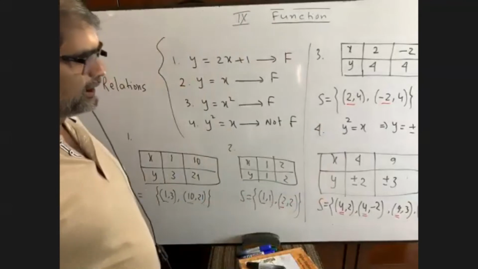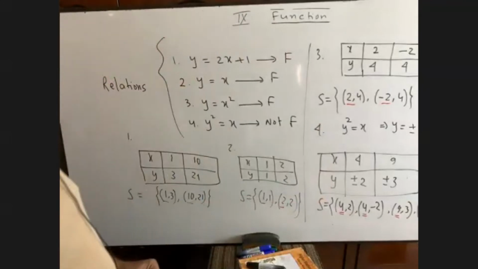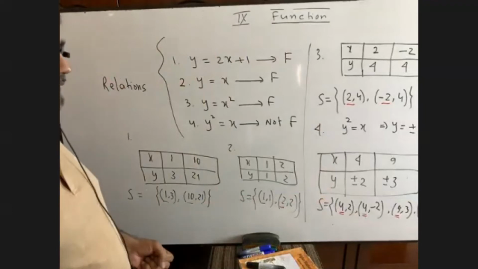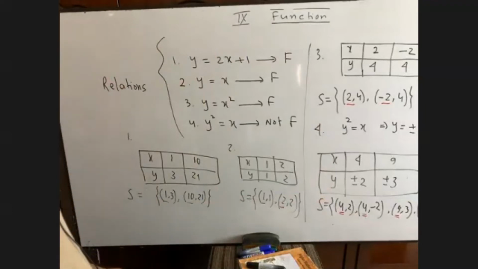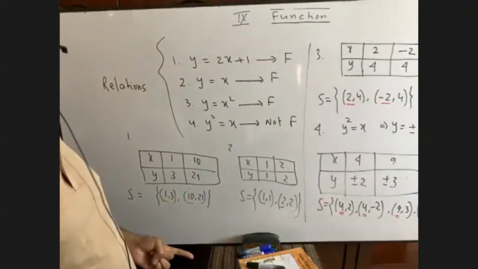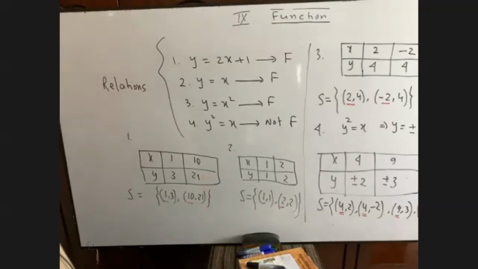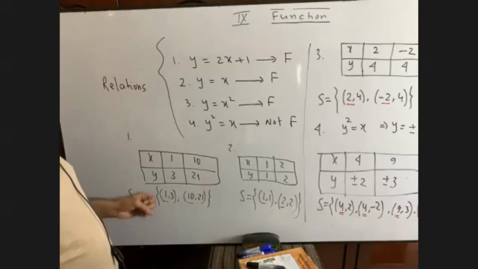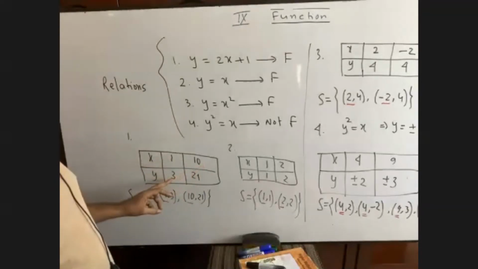Please try to understand. I have given 4 examples. For the first 3 we cannot make the first element same. If I take 1 again, we'll always get 3.